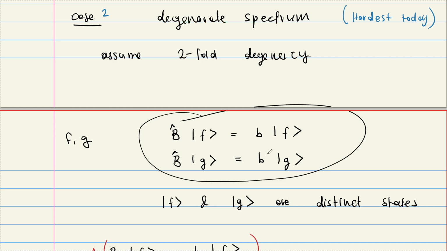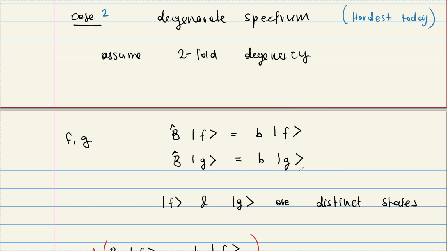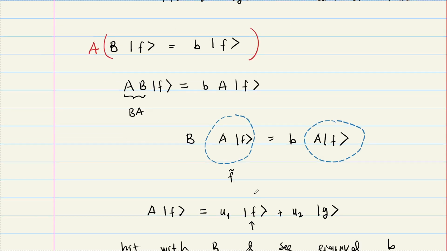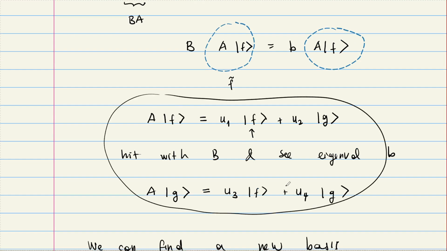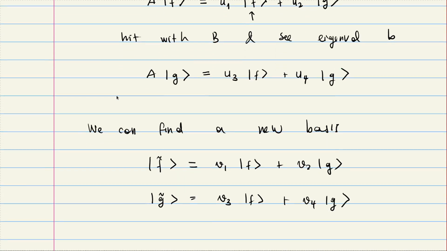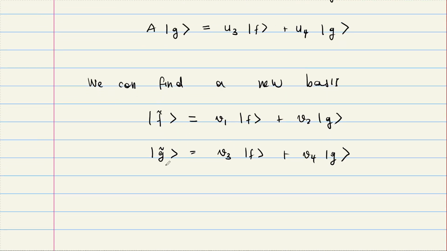All these assumptions mean this is given. There are two states, F and G, with the same eigenvalue for B. And when we hit on it with A, we saw F and G are not eigenstates of A. And now we said this is not a problem. We can transform F and G to F tilde and G tilde.